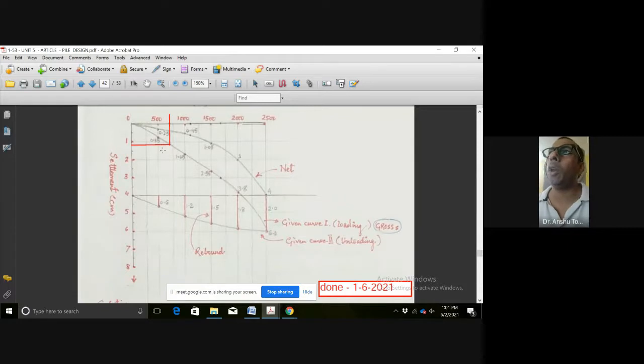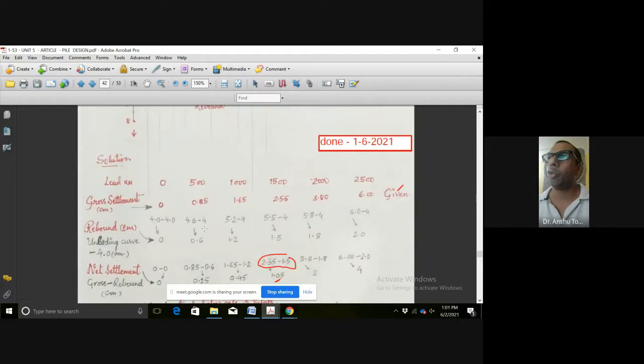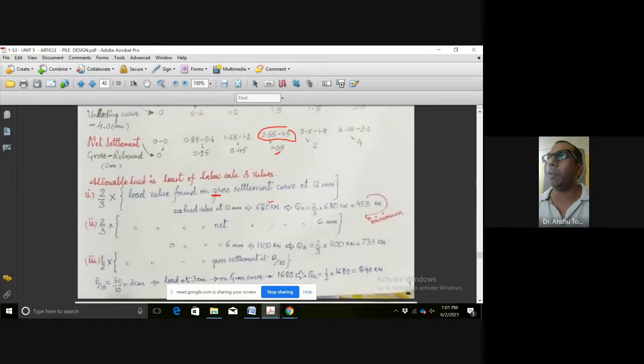So if you are going to add this value to 625, okay, when you plot exactly onto the graph paper or even onto the scale, I have evaluated all these values from this particular sheet only. So I will be getting 680 kilonewton here. This is the value corresponding to 12 mm on the gross settlement curve.